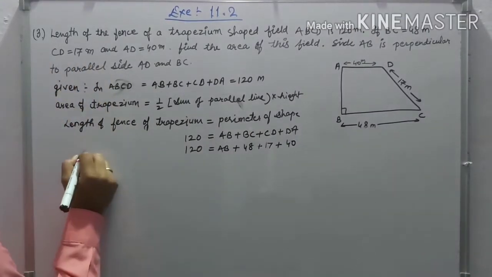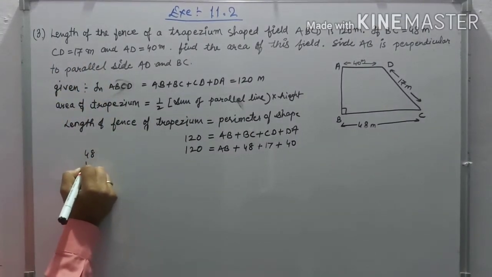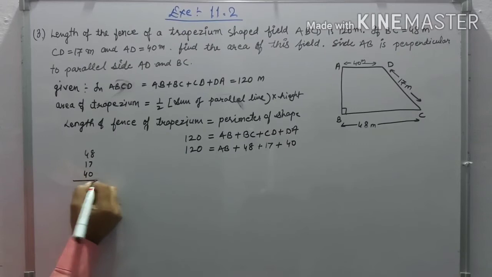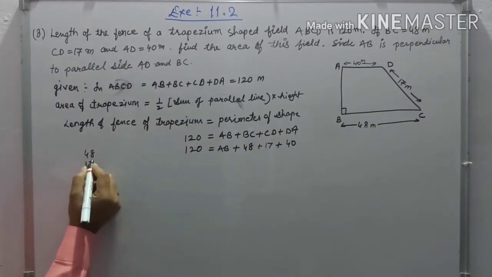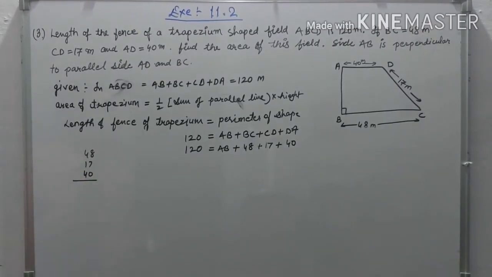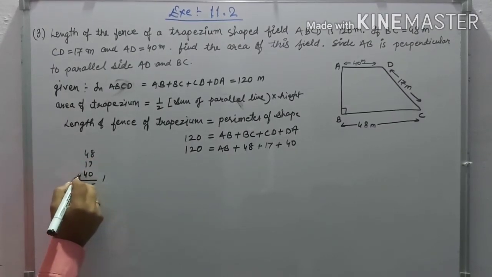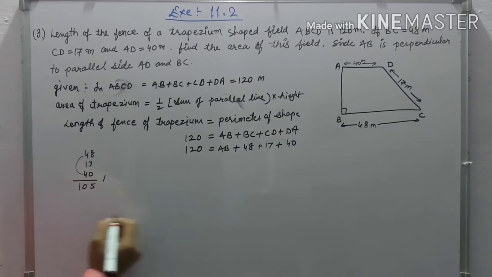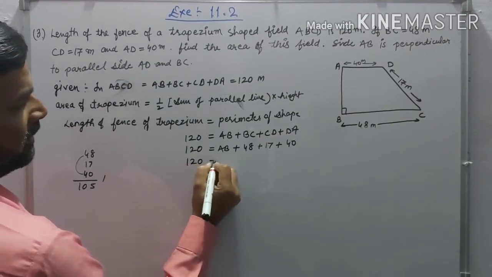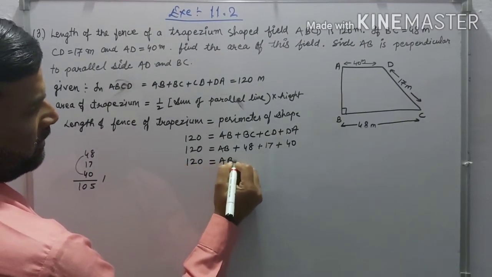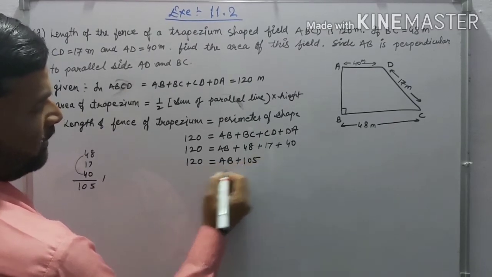So we add the three numbers 48, 17 and 40. 8 plus 7 is 15, 1 and 4 is 5, and 5 plus 1 is 10, so 105. It means 120 is equal to AB plus 105.